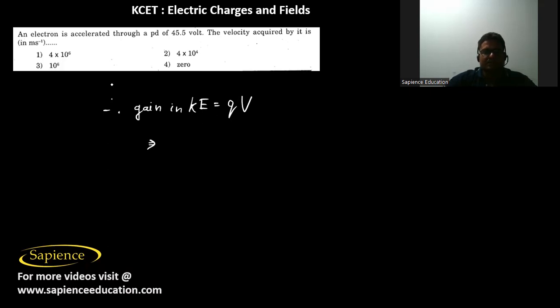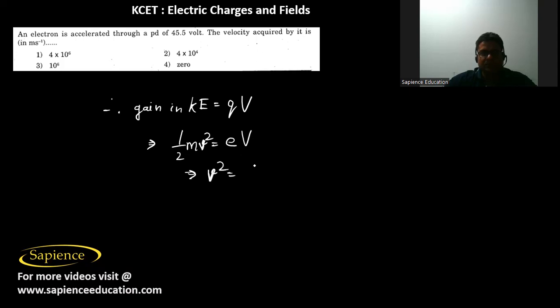So therefore, the initial kinetic energy of the electron is zero, since it has started from rest. So it will be half mv square, that is equal to eV. e is the charge of the electron, V is the potential difference through which it has been accelerated, and v is the velocity.